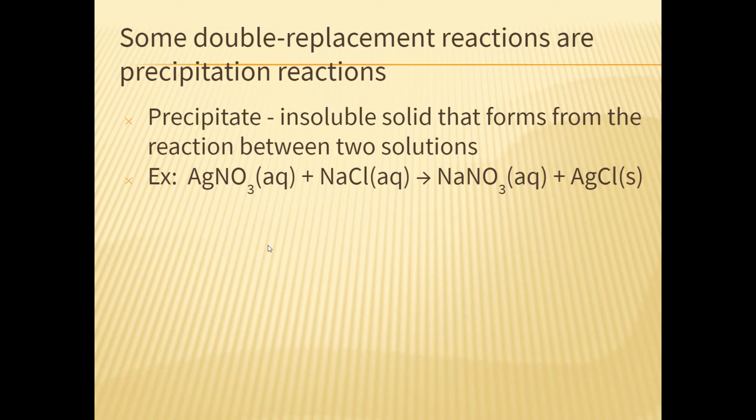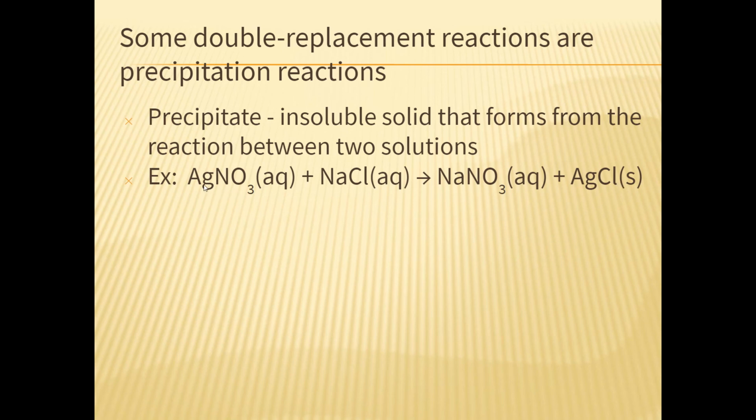Other times you can have double replacement reactions become precipitation reactions. A precipitate is an insoluble solid that will form from a reaction between two solutions. So you'll have both of your reactants are aqueous, but one of your products is a solid.